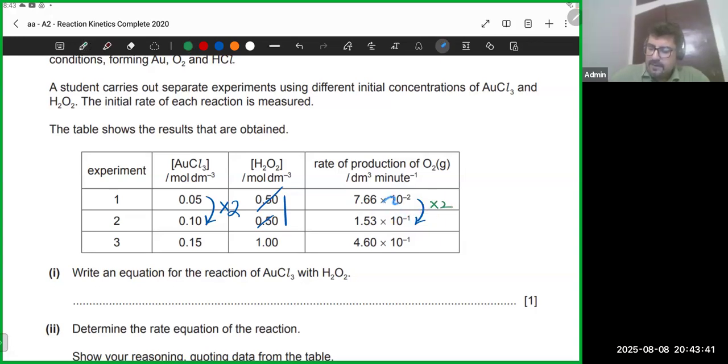It's actually double of that. So that clearly means that this relationship between AuCl3 and this is order 1. It's directly proportional. So एक का तो पता लग गया, it's directly proportional. The other one you can solve by making simultaneous equations. लेकिन वो फिर हम कल करते हैं, ठीक है?